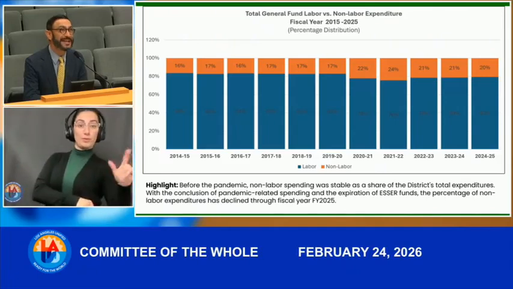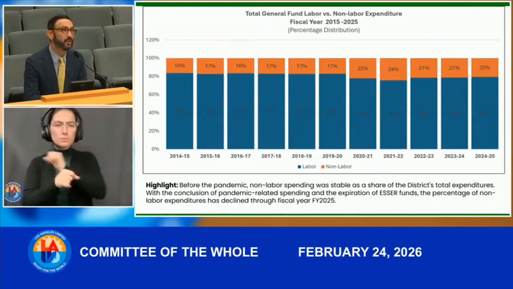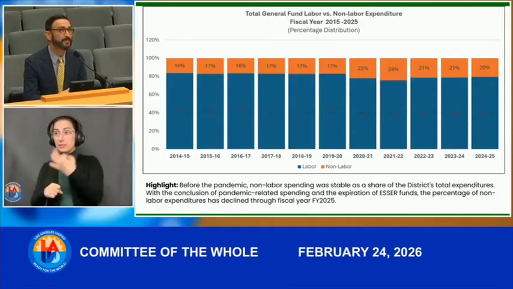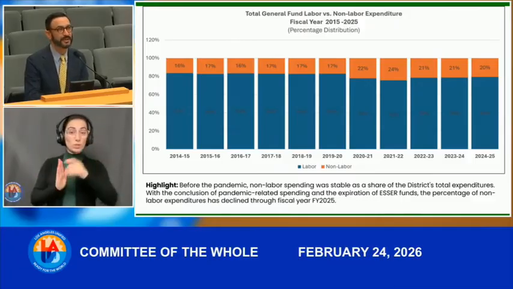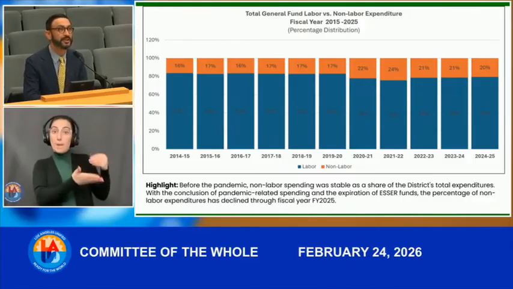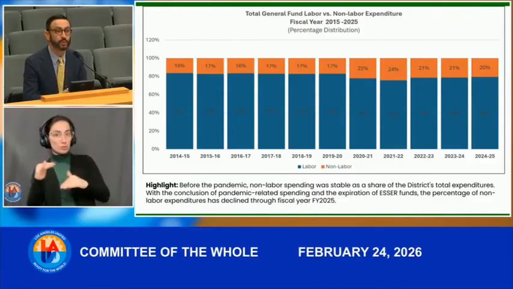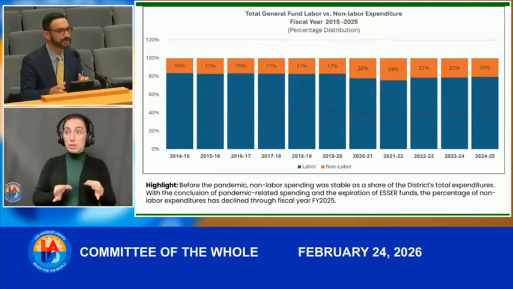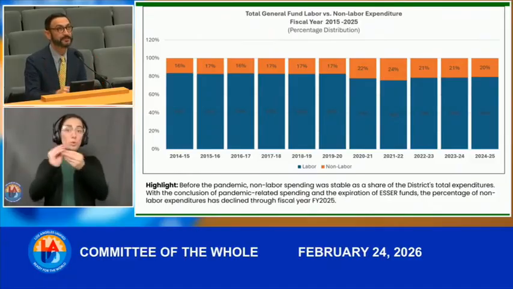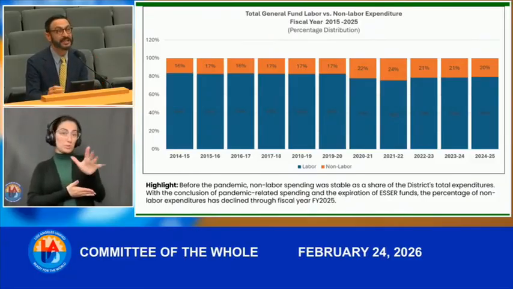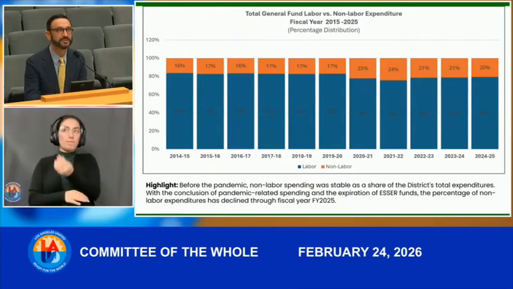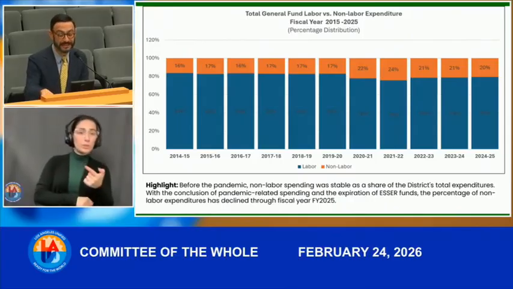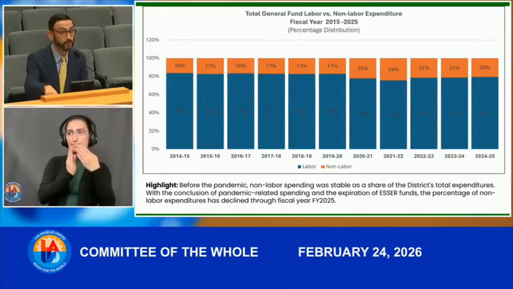You'll see before the pandemic, basically all the way from 14-15 through the first year of the pandemic, the 19-20 school year, the percentage of the total spending in the general fund, both unrestricted and restricted, that went to non-labor, those categories that I just described, was about 16 to 17% of total expenditures. Then in the second school year of the pandemic, but the real first year of substantial pandemic-related spending, the 2021 school year, the share of the spending in the general fund went up to 22%.